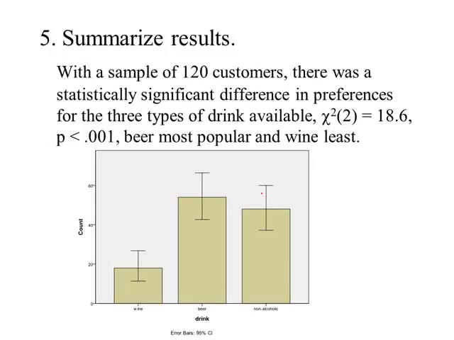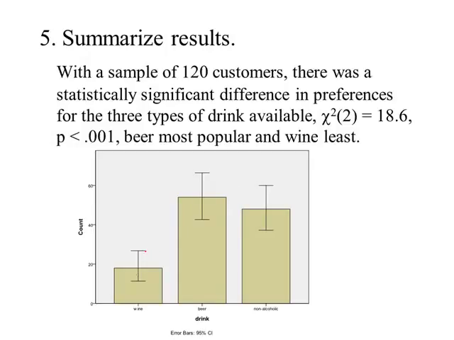If the bars overlap, like they do between beer and non-alcoholic, that implies they're not statistically significantly different. So we could just as well have the numbers from this one and the numbers for this one, because these 2 confidence interval bars overlap.